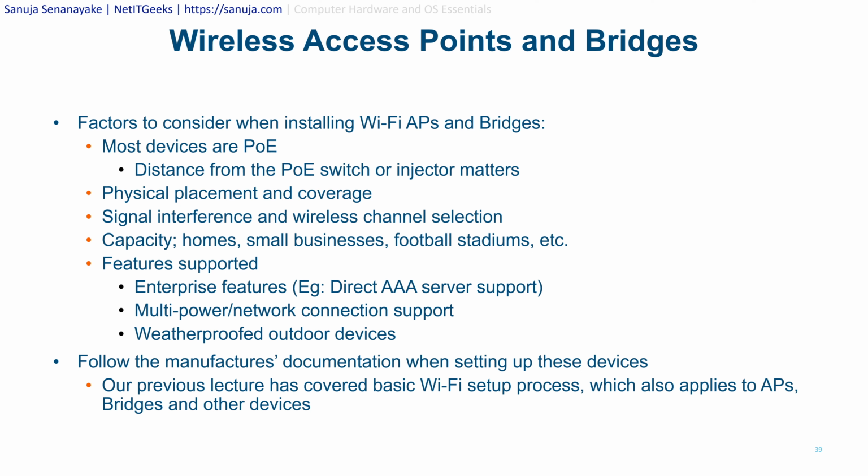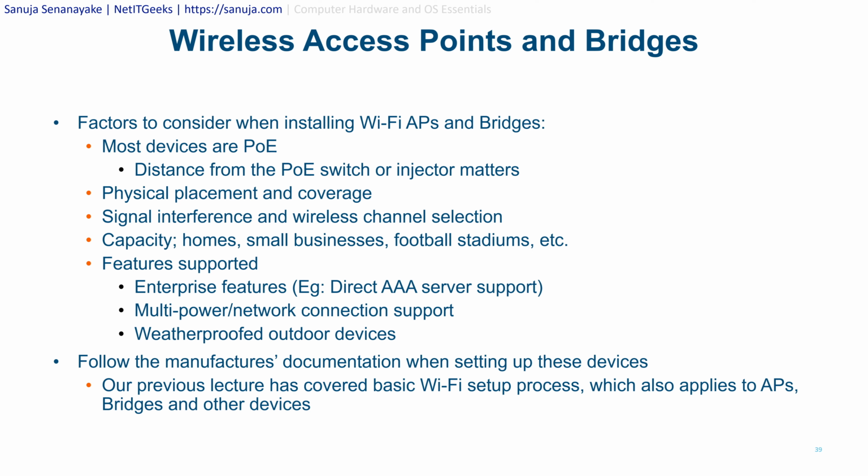And always, as with any computer, networking or electronic device, please follow the manufacturer's documentation when setting up all of these devices, because each manufacturer has a different way of setting up. The way that Cisco sets up a wireless access point is different from Unifi, how they set up their access points. So I can't go over every single one of those access point setups.